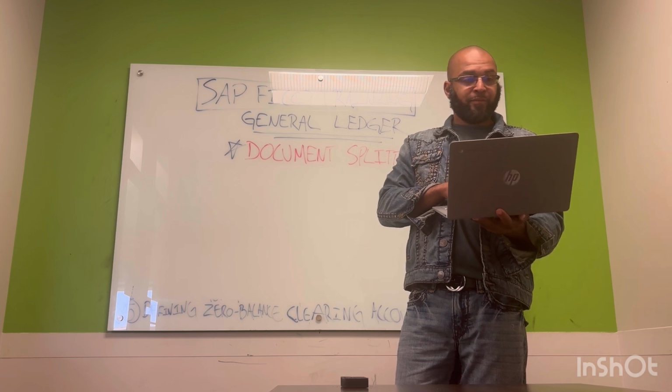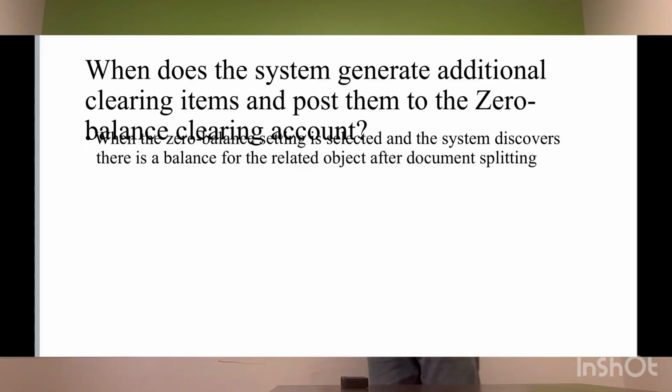Field/characteristics. Question, when does the system generate additional clearing items and post them to the zero balance clearing account? When the zero balance setting is selected and the system discovers there is a balance for the related object after document splitting.